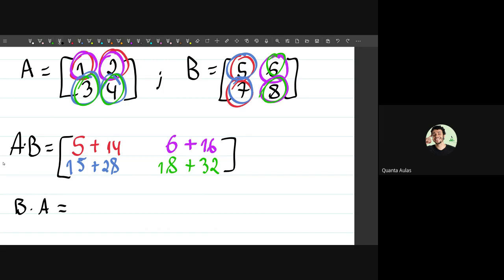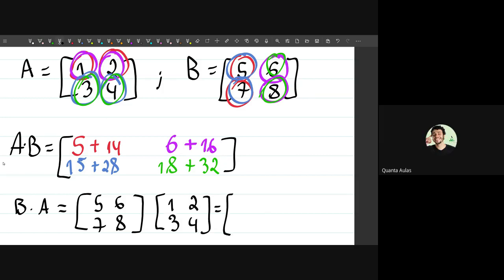I will write it again to be more didactic. This is the matrix B. This is the matrix A. So let's put the rings. The rings are very helpful. 5 times 1, 6 times 3, 18.